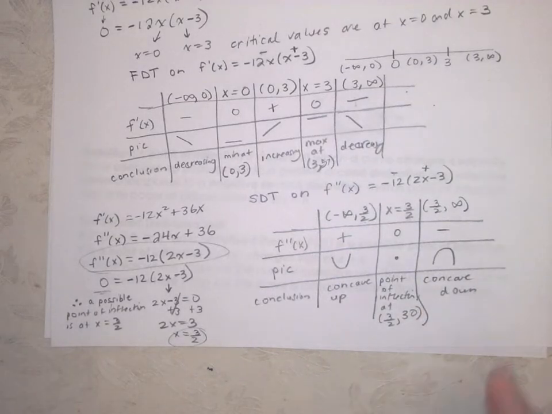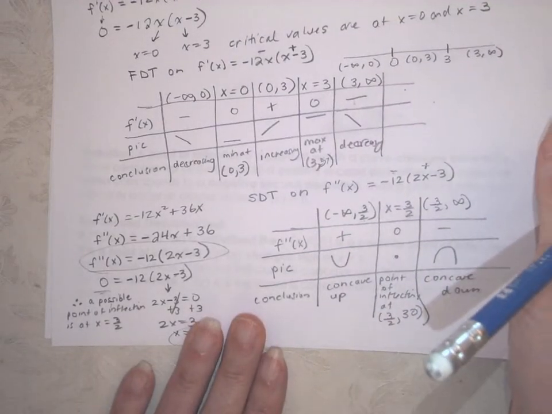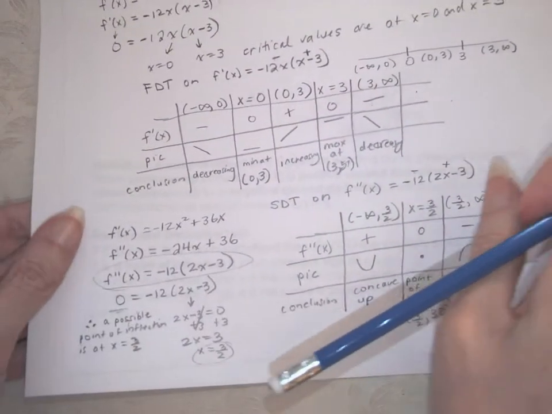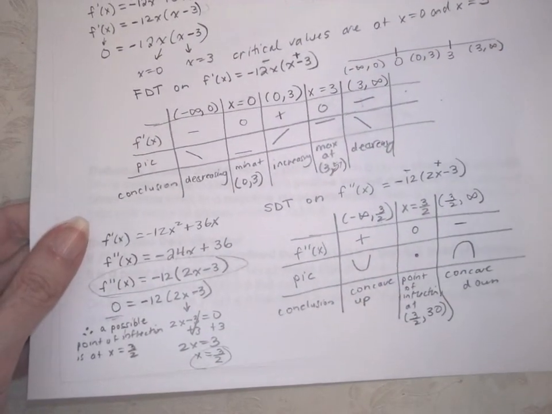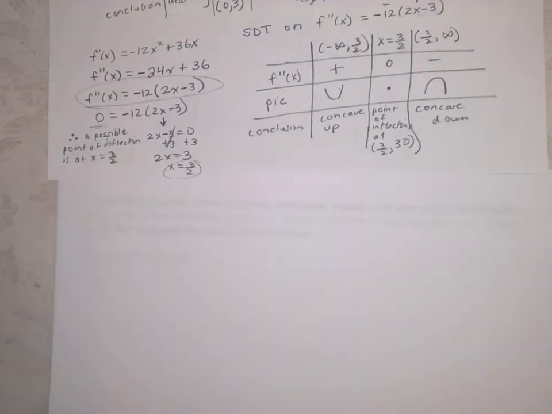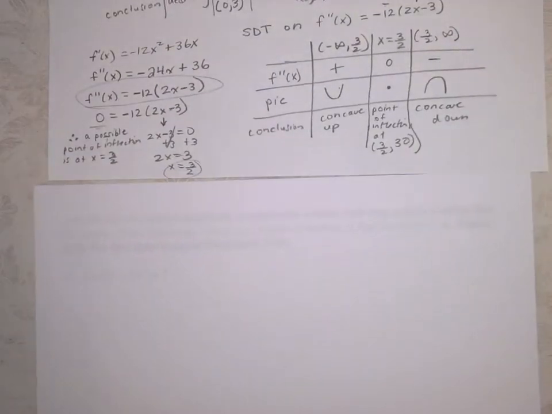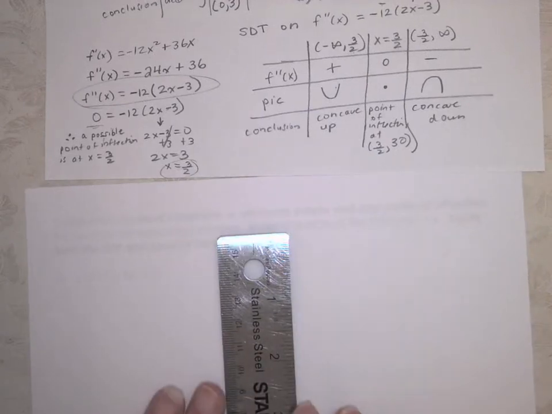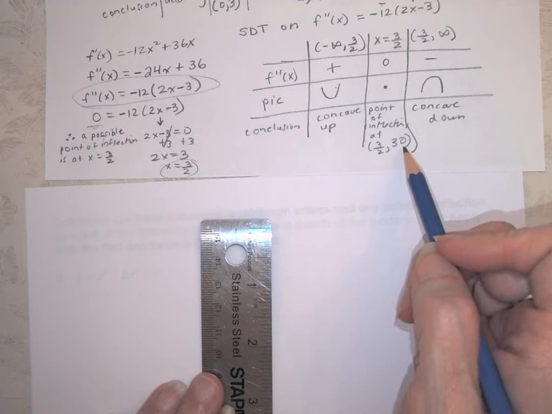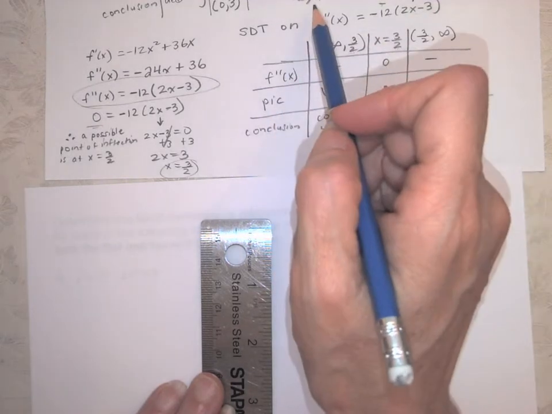Okay, so using all that information we've got from our first derivative test and our second derivative test, we're going to do a sketch. So I can see that I have a point of inflection at 1.5 and 30, a max at 3 and 57.